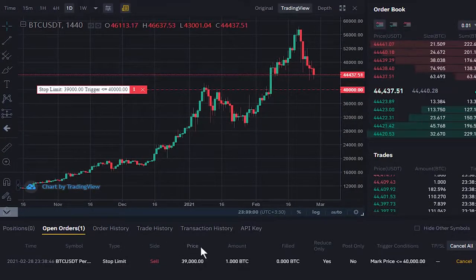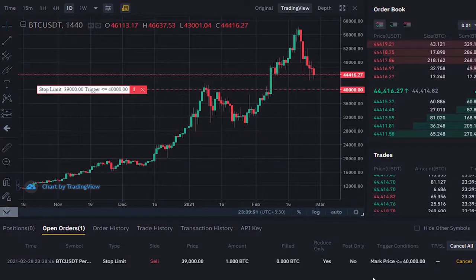So when the price reaches 40,000, a sell limit order at 39,000 or a better price with size of 1 Bitcoin will be triggered and goes to the order book. The limit sell order will be executed at 39,000 or a better price, which means if the market is not very volatile and the falling of the price is not sharp, it will be executed somewhere equal or near to 40,000 because it's a better price.